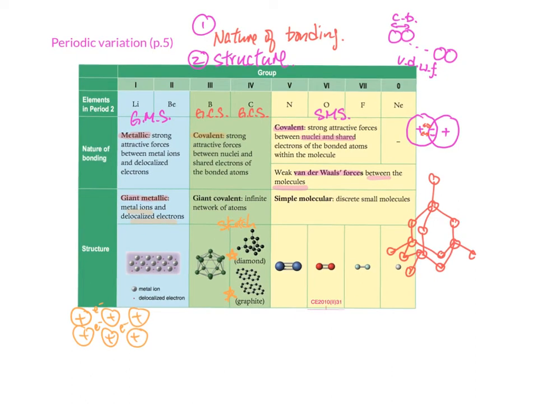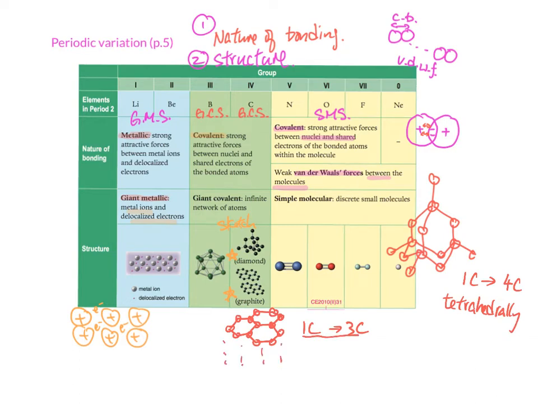The other one is graphite. You need to draw the hexagonal layer, and then draw some atoms right there. So one carbon is connected to 3 other carbons. In diamond, one carbon is connected to 4 other carbons tetrahedrally, if you remember the term. In graphite they are connected in planar structures, and then you have van der Waals force in between.